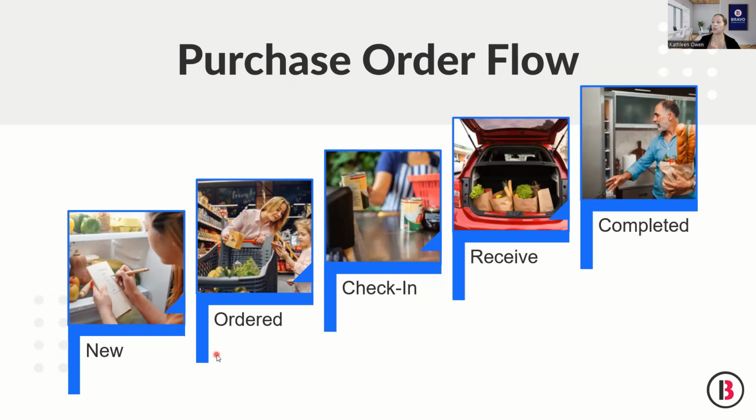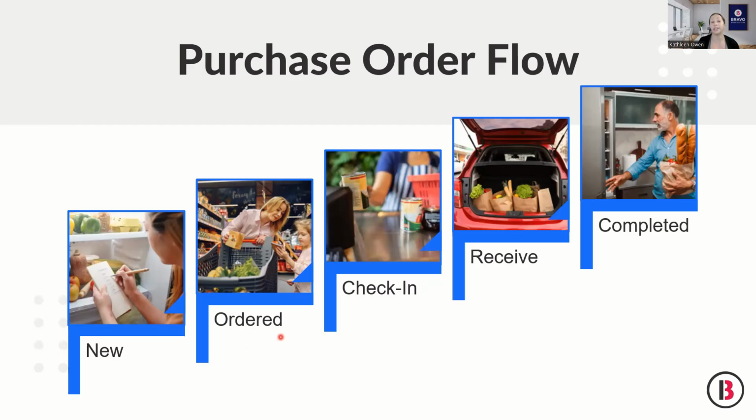Now, once you go through and you place the order with your vendor, you're going to swap that status over to ordered. When you do this, it doesn't necessarily place the order for you just by changing the status. That's something you have to specifically do with your vendor.